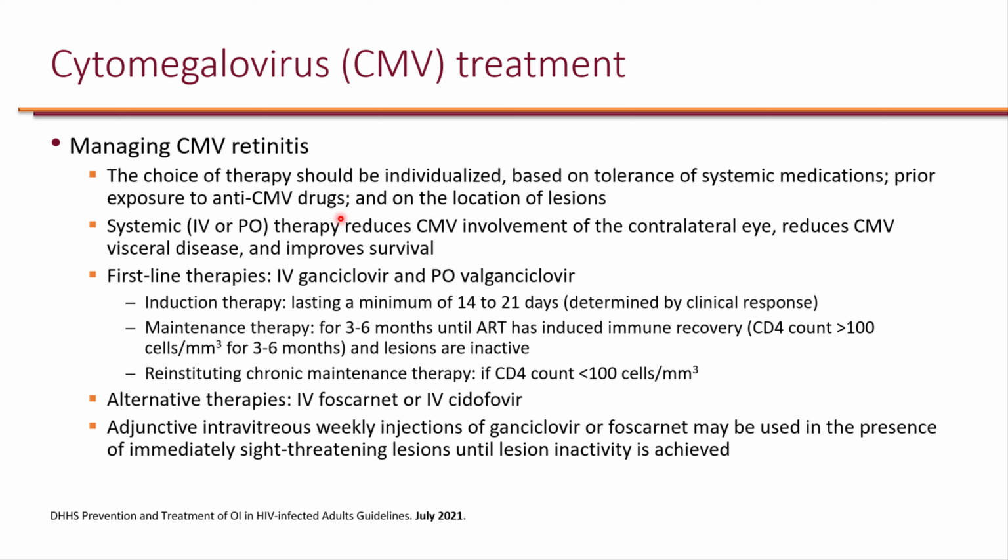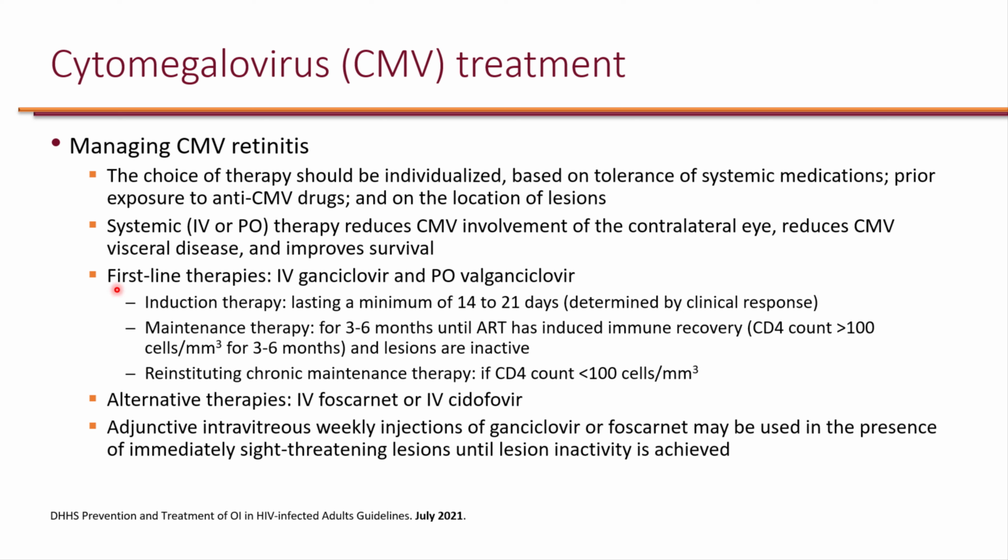For example, someone who has been receiving valganciclovir may have developed resistance to ganciclovir and valganciclovir, so they may need cidofovir or foscarnet. Now, systemic therapy, either IV or PO, as opposed to intravitreous injection, has been shown to reduce CMV involvement of the contralateral eye, to reduce CMV visceral disease, as well as to improve survival.